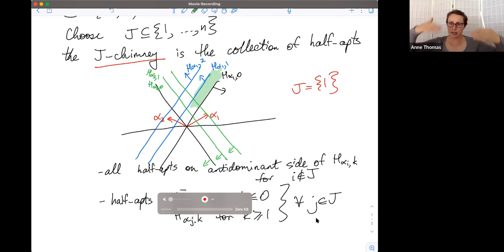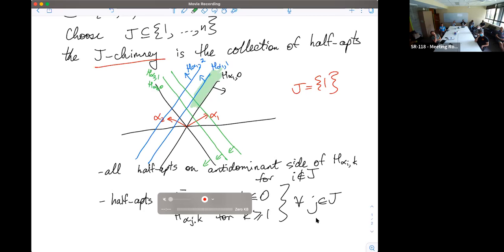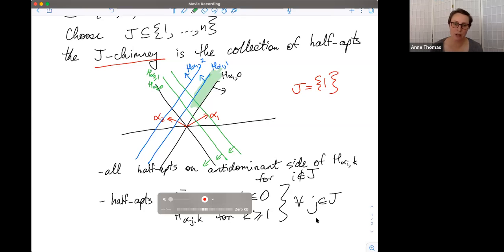So you're picking out the same side half apartment for all of those. And if J is everything, then for every parallel family of walls, you're picking out a strip exactly between them. And that's actually going to pick out a unique alcove. Right. But the new stuff is the strip in between.